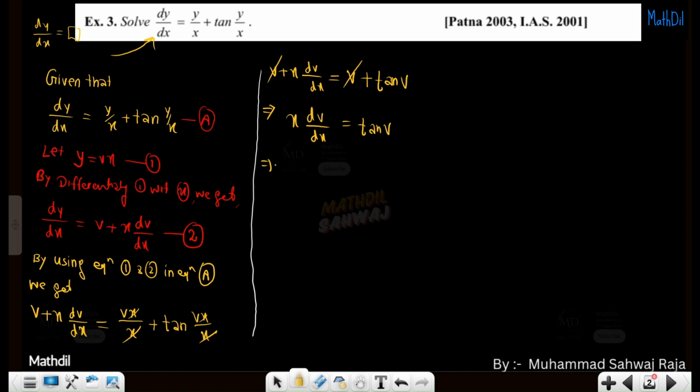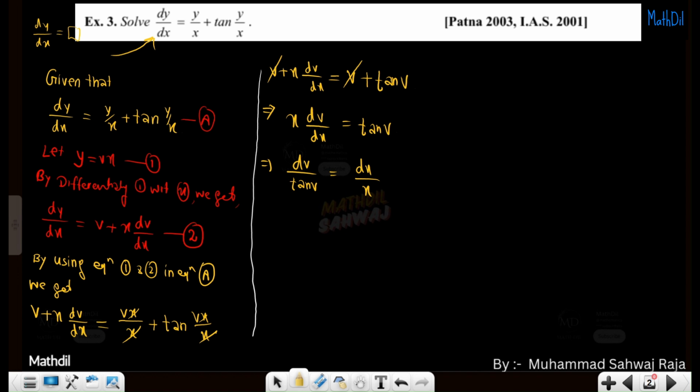Now we will separate the variables, taking all the v terms to one side and all the x terms to the other side. So it will be dv by tan v equals, if we put this x by dx to this side, the reciprocal, dx by x. Now students, see, all the variables have been separated.